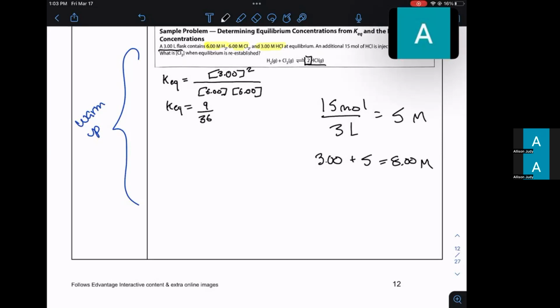product. Right now we have 6 molar H2, 6 molar Cl2, and 8 molar HCl, which is going to be a total of 20. It's a weird unit. It's 20 molarity, I guess, in your 3-liter flask, or 60 moles.